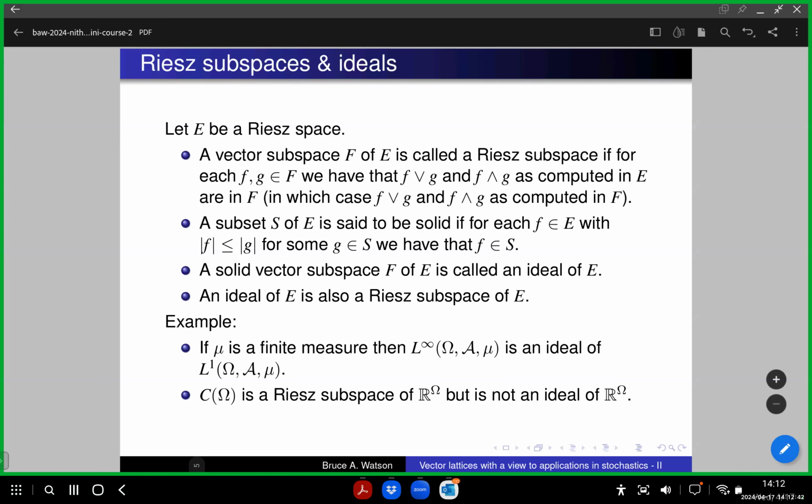The next type of subset we're going to look at is what is called a solid subset.